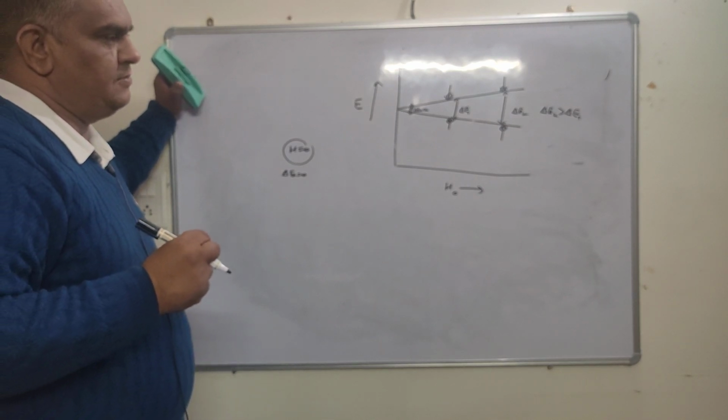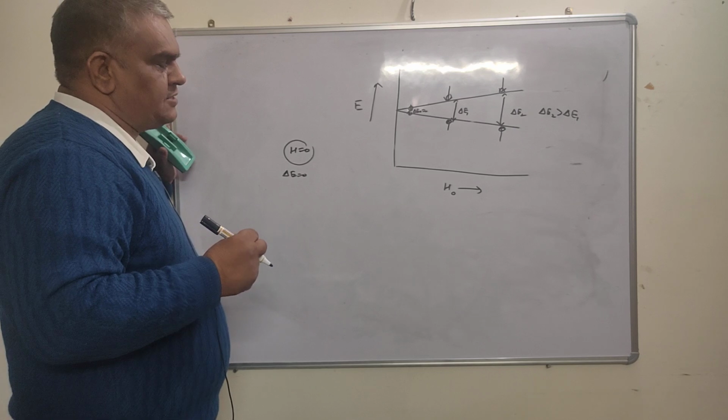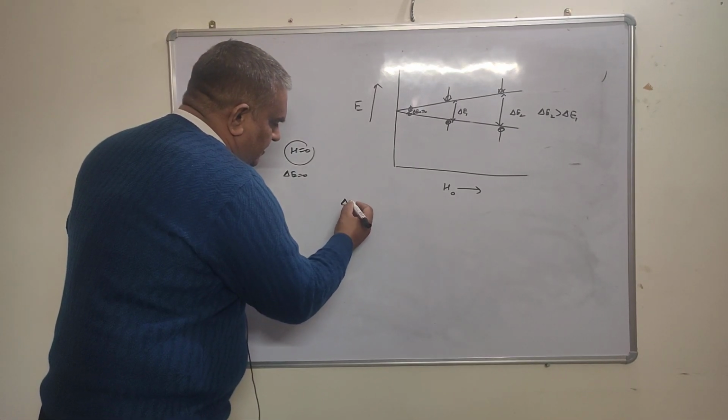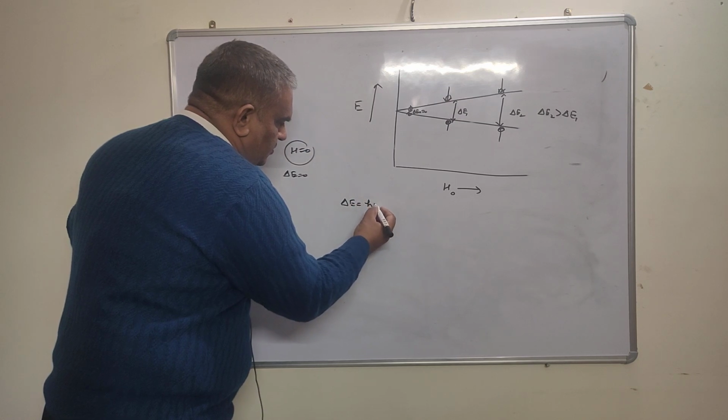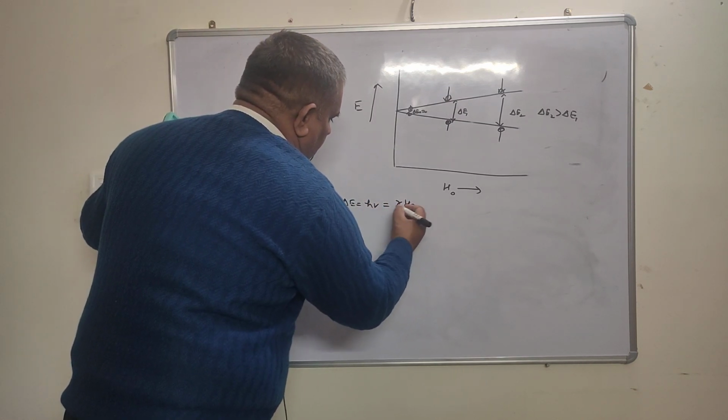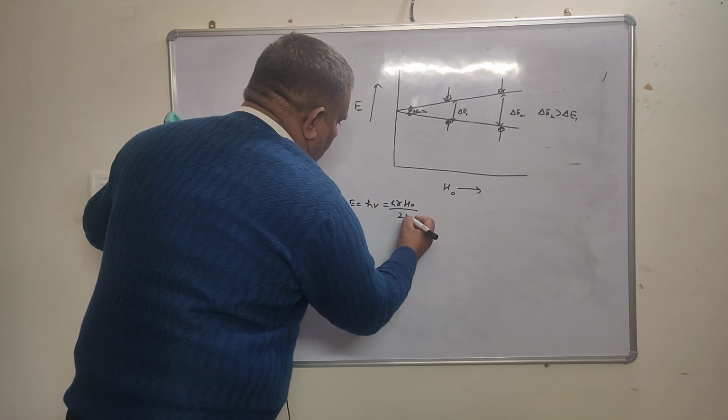For nuclei placed in an external magnetic field with two orientations, the energy difference delta E equals h nu, which is gamma h H naught upon 2 pi.